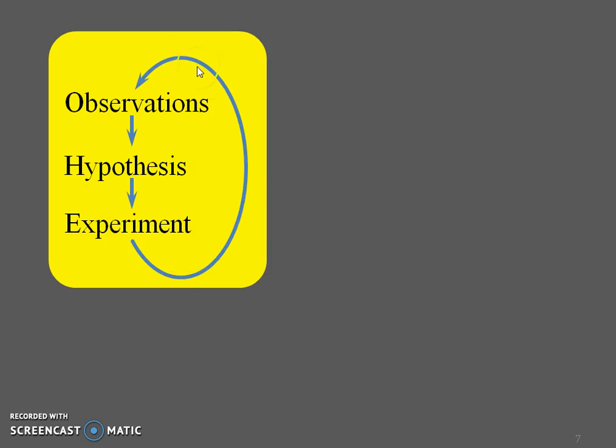So if we look at this, a scientist will make an observation, and then formulate a hypothesis and form an experiment, and this is a cycle within itself. Depending on the results of that experiment, your observations might change, forming a new hypothesis and a different experiment, over and over again.